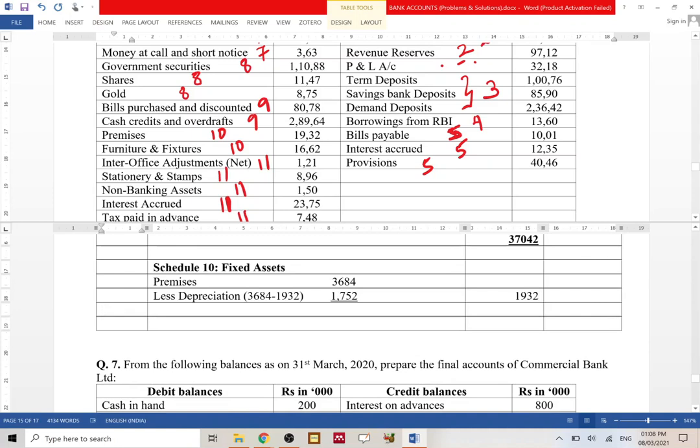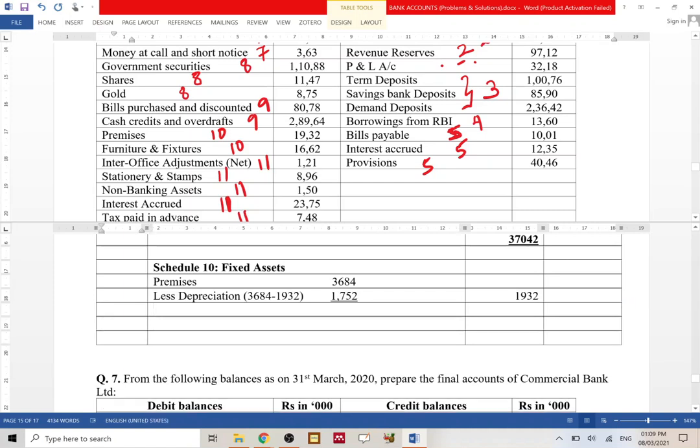Okay. Similarly, if you calculate the furniture and fixtures, the amount given in the problem, 1662, is the final amount to be written outside. Furniture and fixtures, final amount 1662.